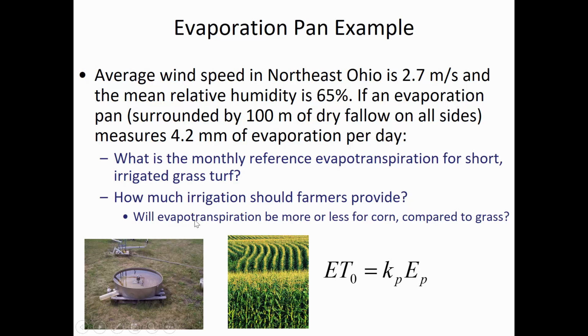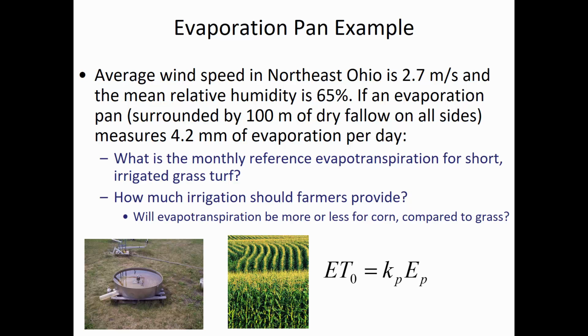And this last part of it, will the evapotranspiration be more or less for corn compared to grass? So what would your expectation be? If we weren't worried about turf, if we were actually worried about a crop of corn, do you think that the evaporation is going to be greater or less for corn?